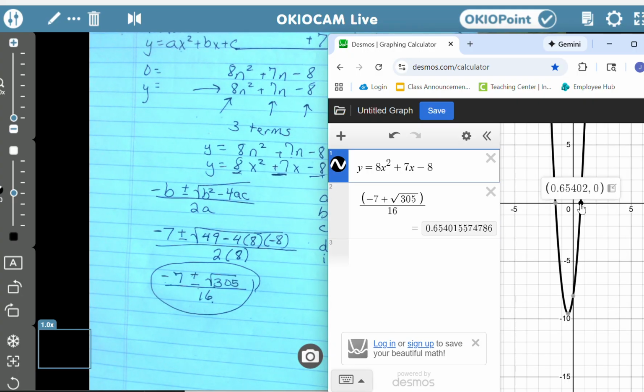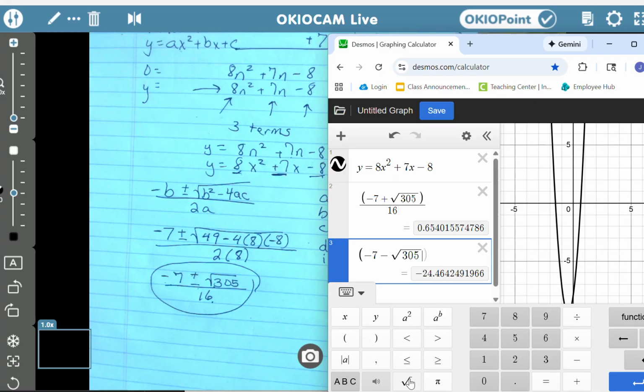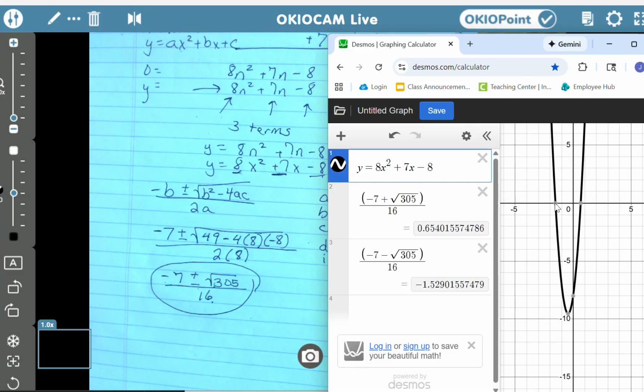That's what this number is right here, 0.65. The other solution is, and I know I need to use parentheses, negative 7 minus, grab the square root button, 305, close out the parentheses because now we're moving to the denominator, divided by 16. Now you get negative 1.5, and that is this solution.